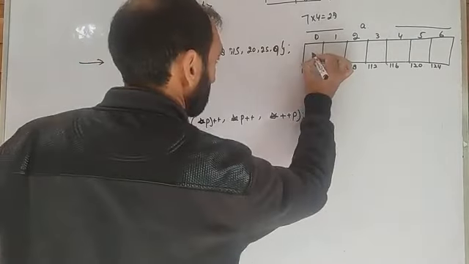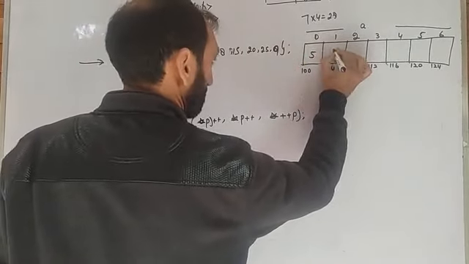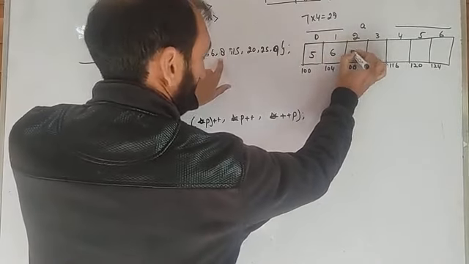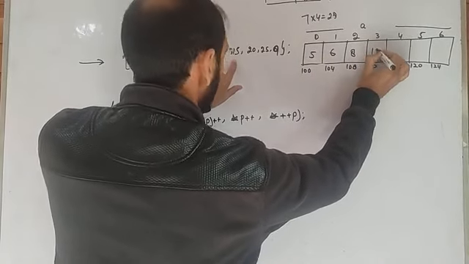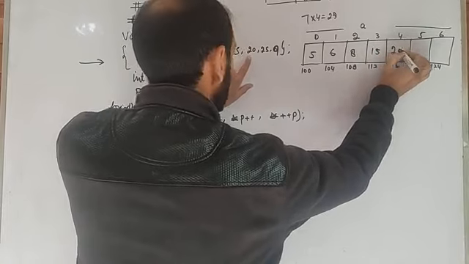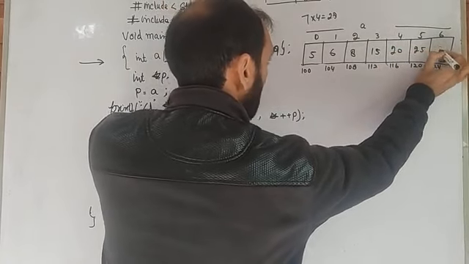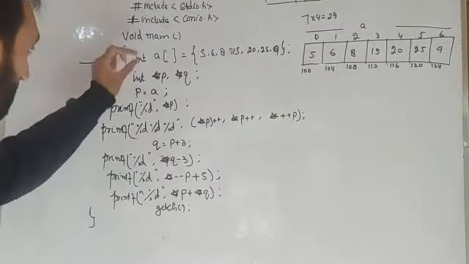Here 5 will get stored first, then 6, 8, 15, 20, 25 and 9.